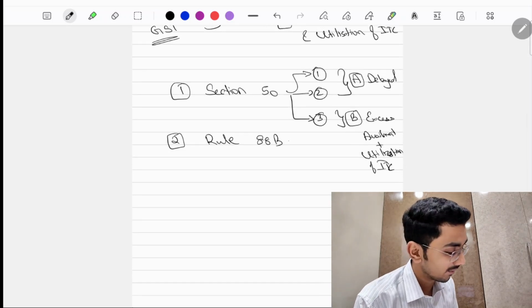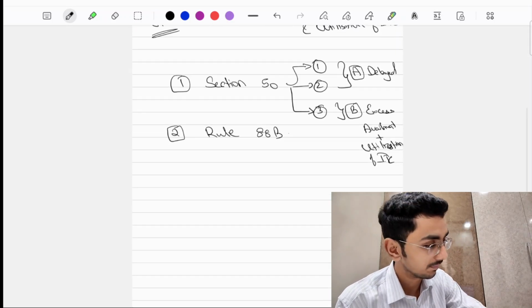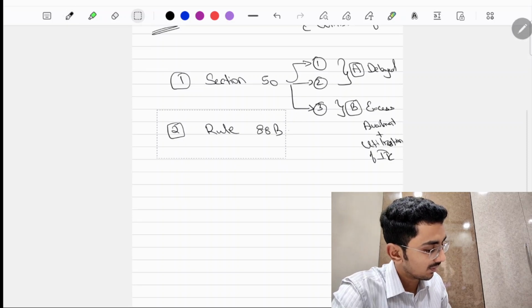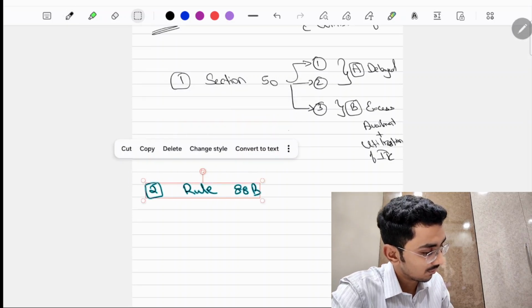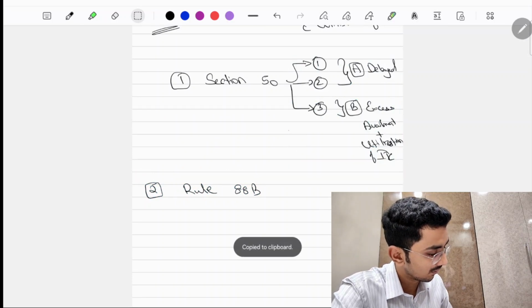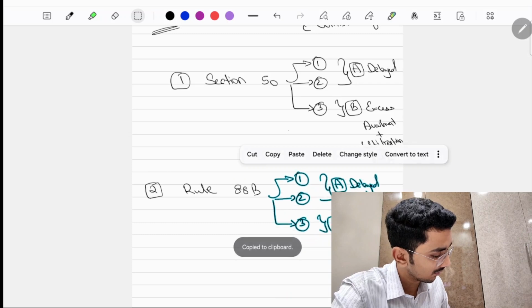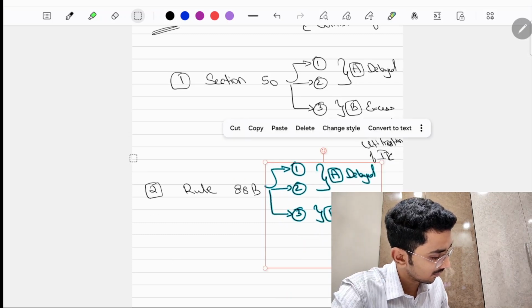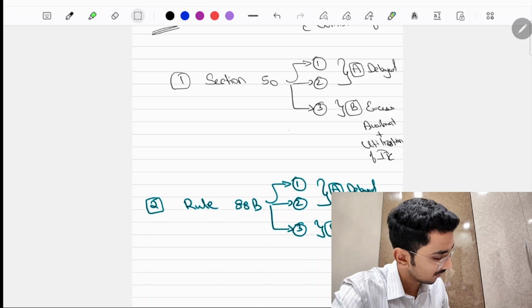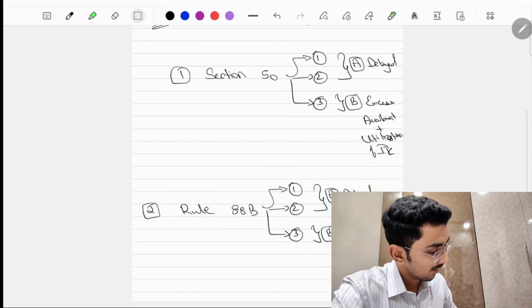Now regarding rule 88B, rule 88B also has the same kind of combinations.